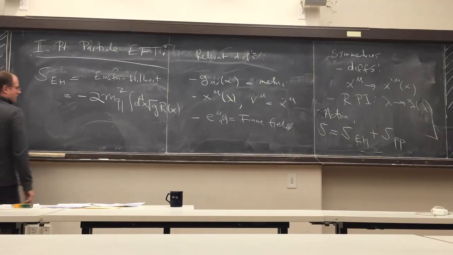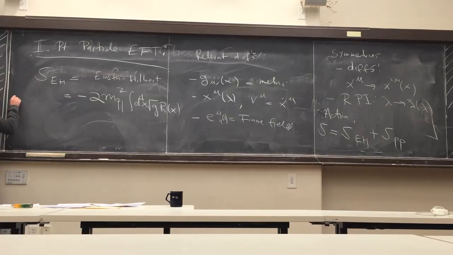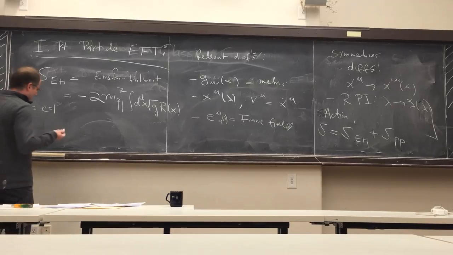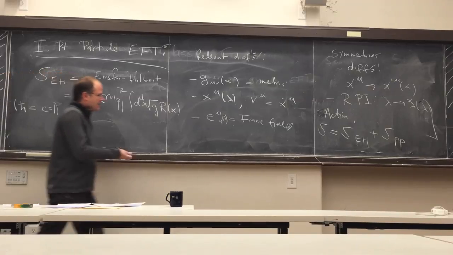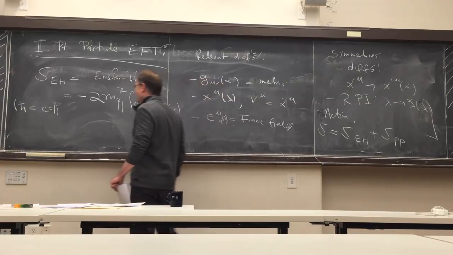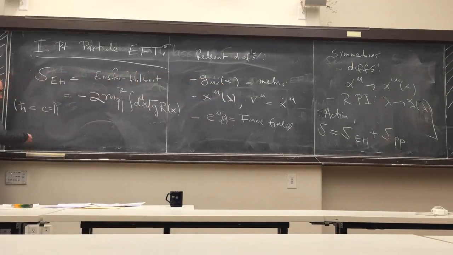That defines general relativity. My choice of units, even though this is a classical problem, is to set h bar equal to c equal to 1. The reason why we do that is because it's easier to write down Feynman rules when there's no h bars and c's around. Of course, they drop out of any observable that you compute when you take h bar to 0.